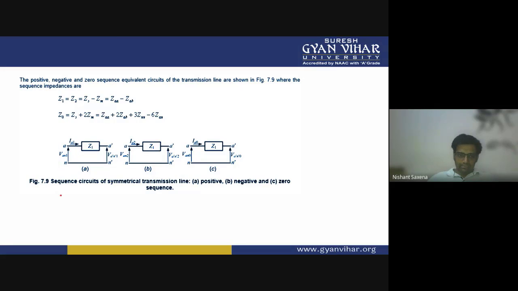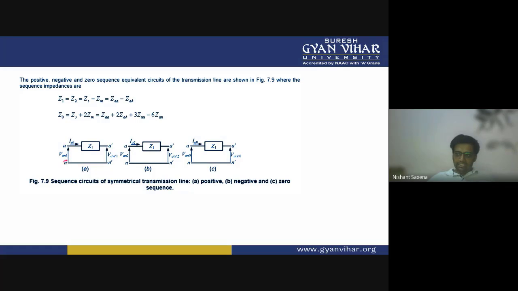From these equations I can create sequence circuits for the symmetrical transmission lines. The first is the positive sequence, in which we have only Z1, which is equal to ZAA minus ZAB, which is equal to Zs minus Zm.